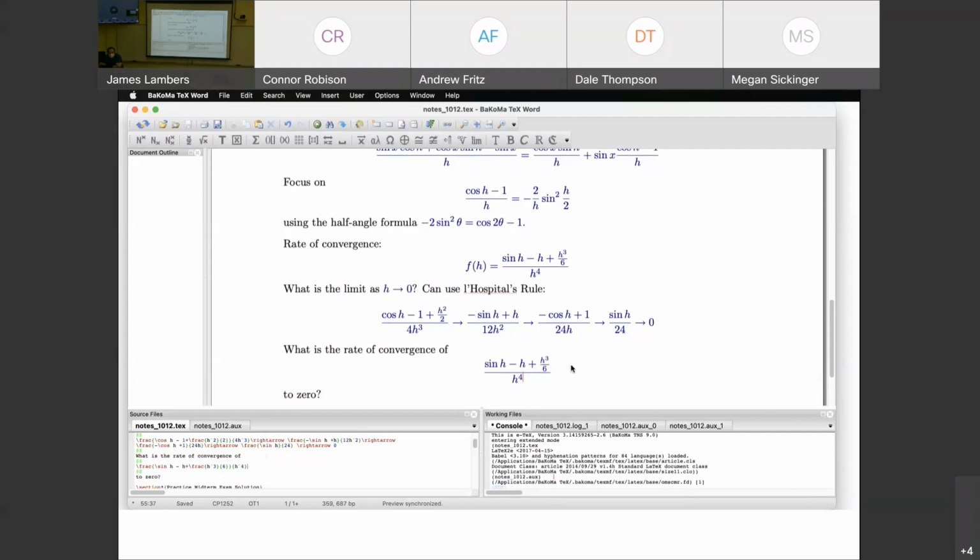The original one was order h to the minus 1, but now this goes to 0, so it does have a positive power of h as a rate of convergence. We just have to figure out what that power is. That's difficult to determine the way it's written. What do we do with this to extract that rate of convergence, as is done in the examples? The Taylor expansion.